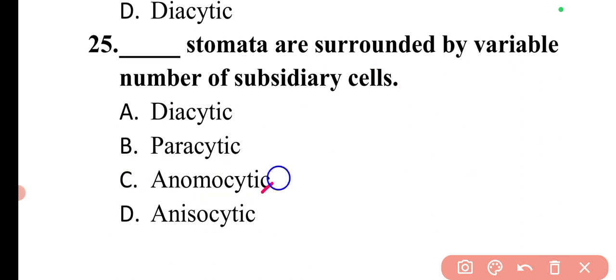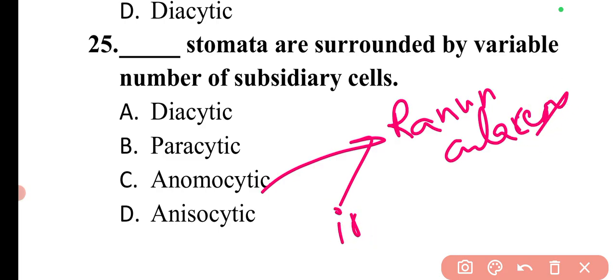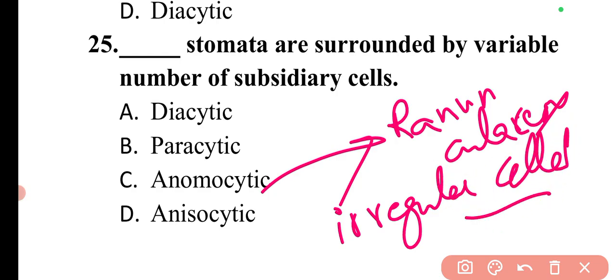And anomocytic stomata is also very important, and these are also known as Ranunculus stomata, or irregular celled stomata. If you learn the basic things like the number of subsidiary cells and the guard cells arrangement, then you will be able to remember the names as well.